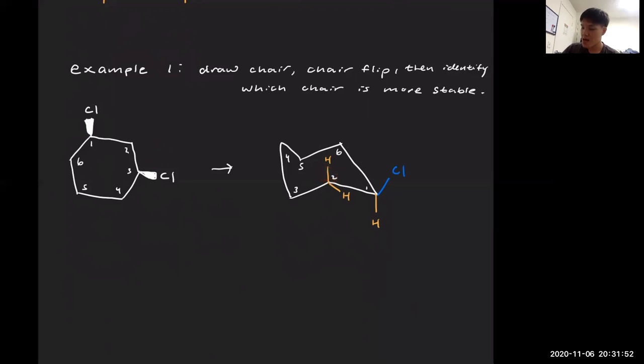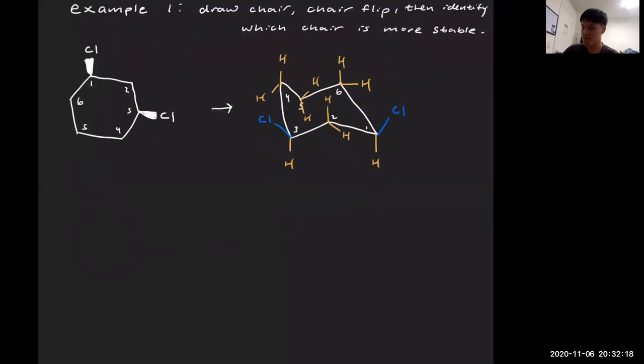That means 3 has a down axial position, and then the chlorine will now be an up equatorial like that. And we can fill in the rest where it goes up axial, down axial, right there, and then up axial. You don't need to draw all the H's here. What's more important are the chlorines, right?